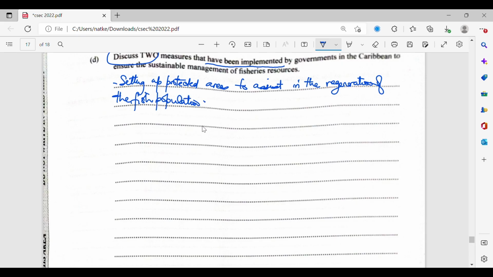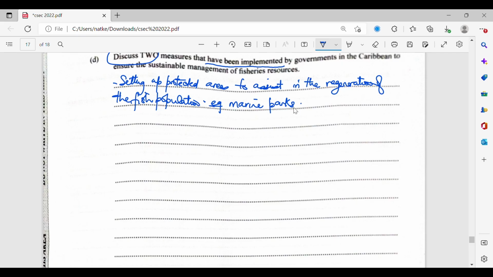All right, example, marine parks, and you can specifically name marine parks if you want to, and then you would explain, you would discuss the measure that the government would have put in place. So just talk about how the marine protected area will assist in the regeneration of the fish population.